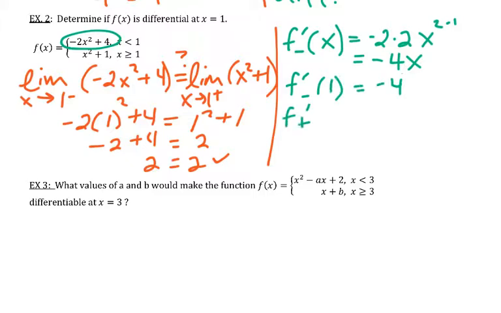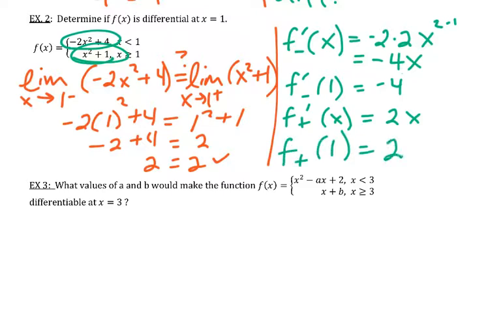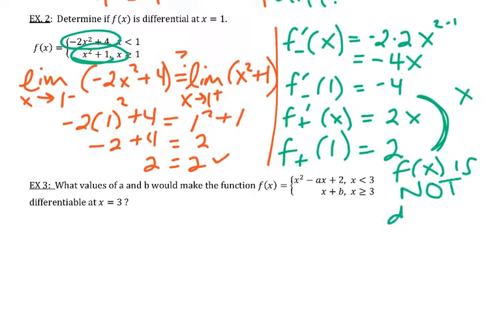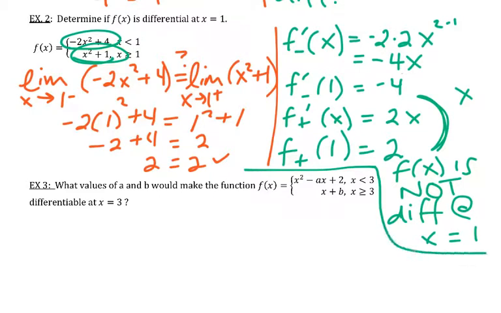Now let's do the right-hand side. As we approach from the right, we get 2x. And plug in 1, we get 2. Are these equal? No. So f of x is not differentiable at x equals 1. Because the derivatives, as we approach from the left and the right, are different.